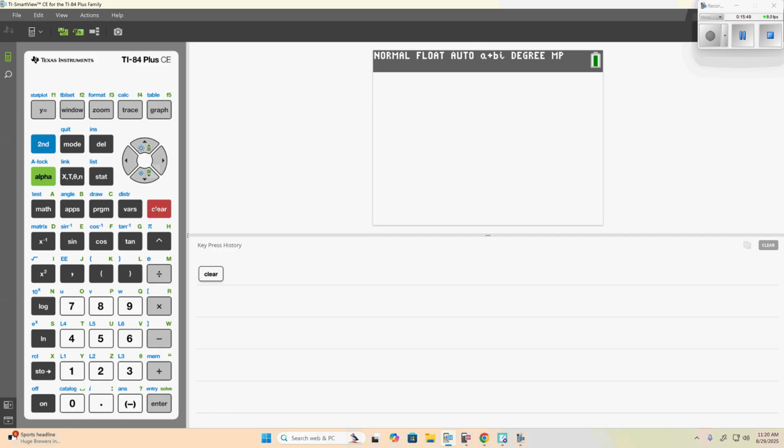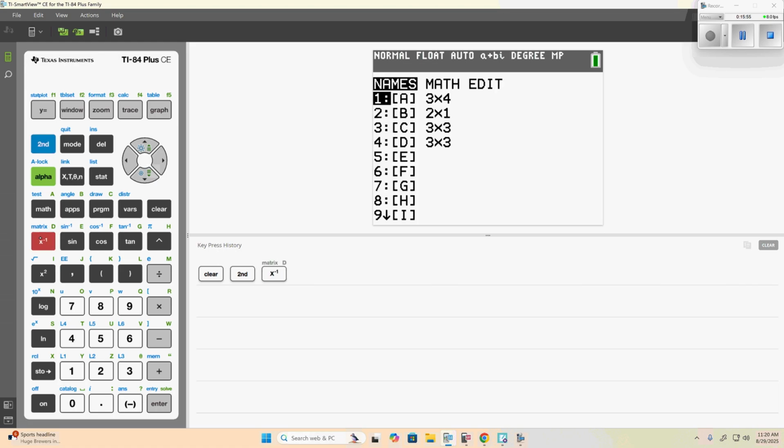Now, first thing we're going to hit: second, matrix. Second matrix, so x to the negative 1. Second. So did we all get this screen?